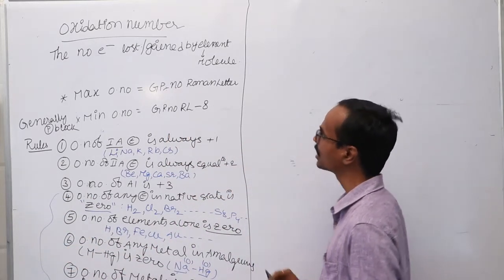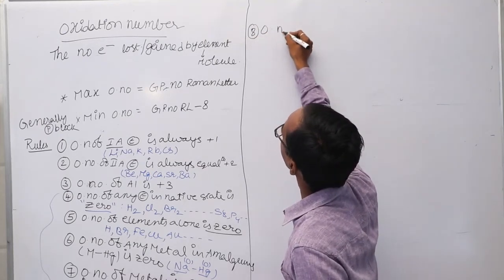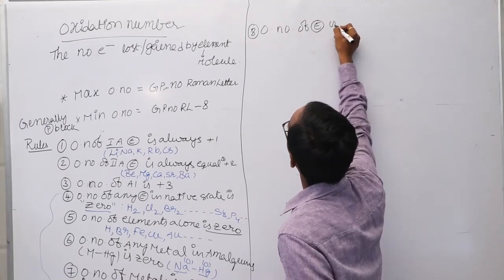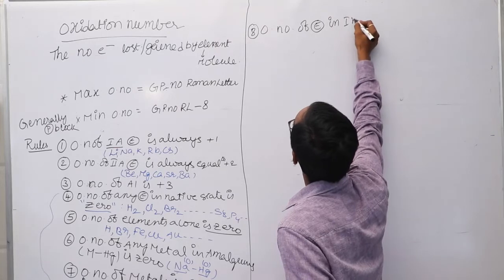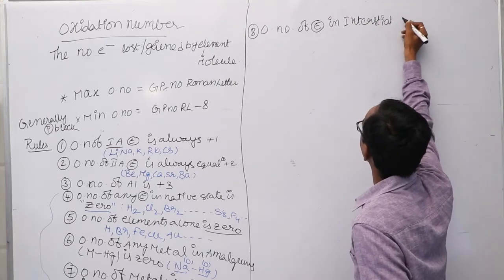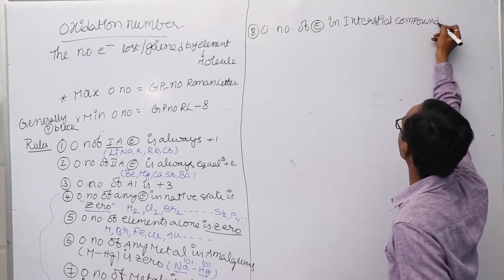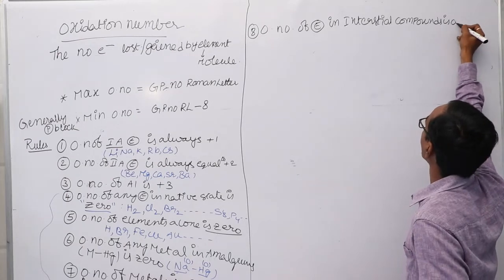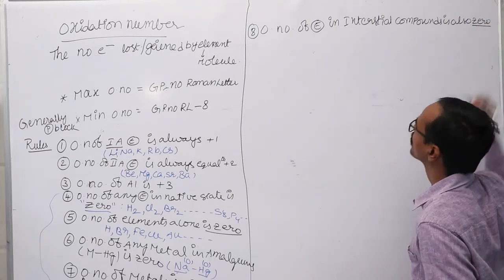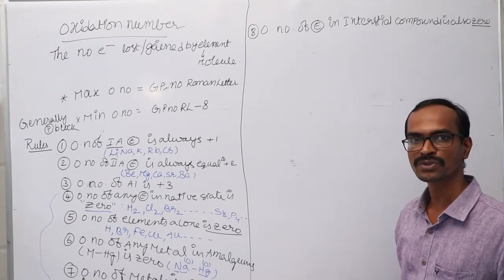Another condition is also there: the oxidation number of elements in interstitial compounds is also 0. So these are the maximum conditions where the oxidation number of elements will become equal to 0.